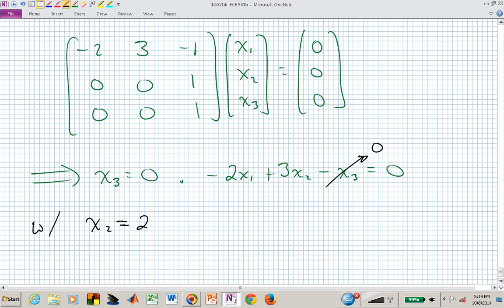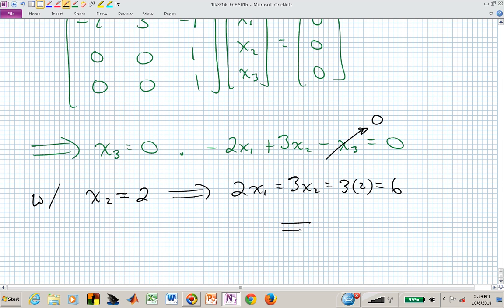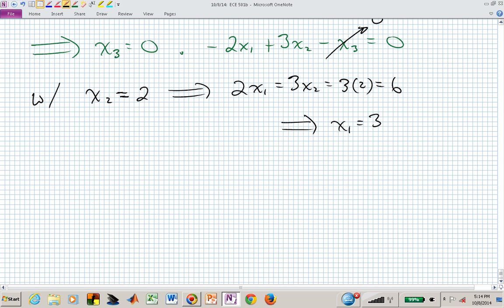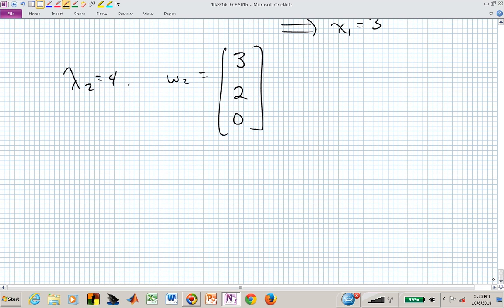If x sub 2 is 2, that now says that 2x1 is 3 times x sub 2, or 2x1 is 6, x sub 1 is now 3. So now for lambda sub 2 equal to 4, the eigenvector associated with that is in the direction of 3, 2, and not 1. We're not counting down properly. This is 3, 2, 0. That's now the structure of our second eigenvector.